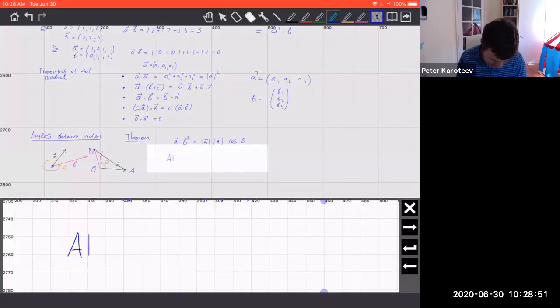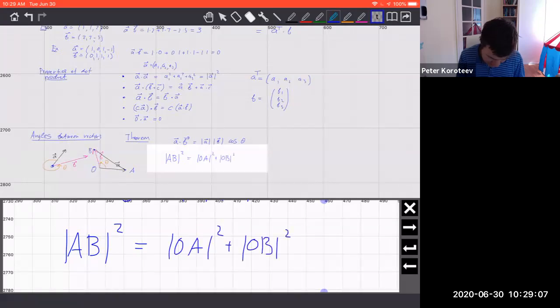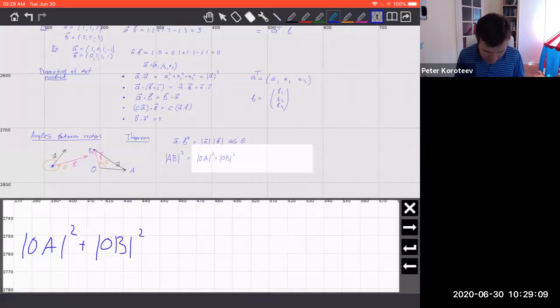In a sense, it's a generalization of the Pythagorean theorem when the angle is not straight. So AB squared is equal to OA squared plus OB squared. If the angle theta was 90 degrees, that would be it. But if not, then there is a correction term, this double product here.